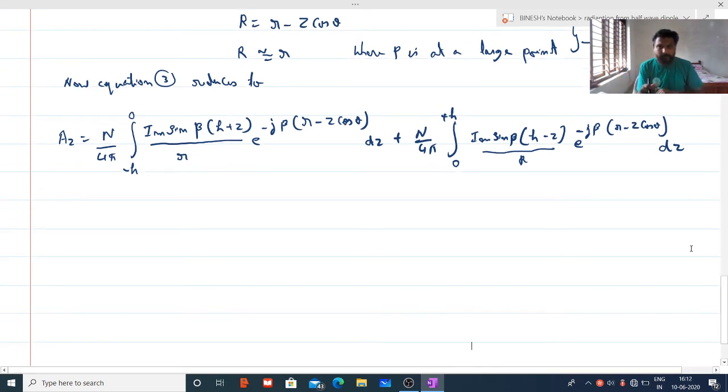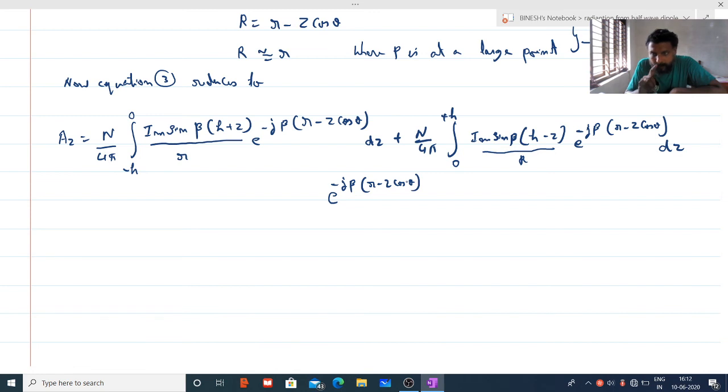So I will take mu by 4 pi r into Im into e raised to minus j beta r outside, because this I can split. I am skipping one step here.